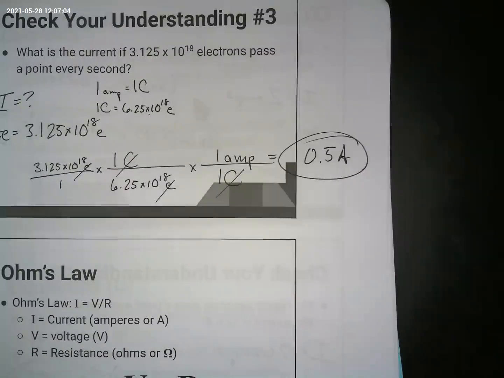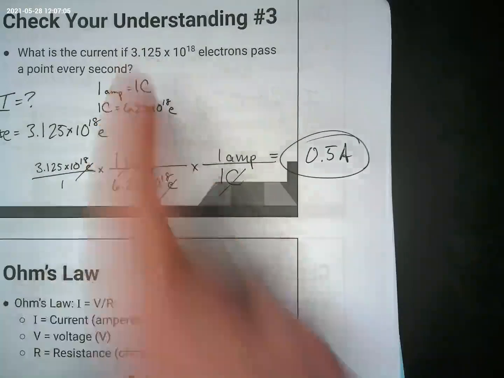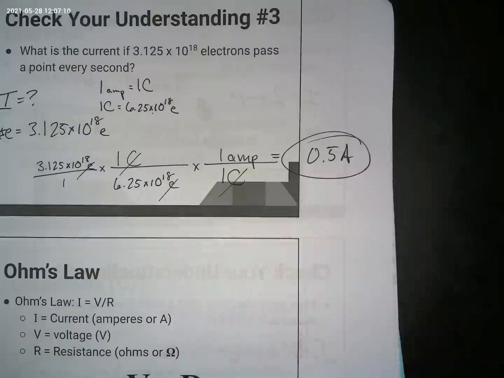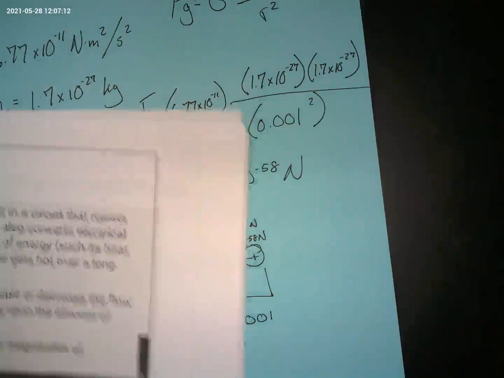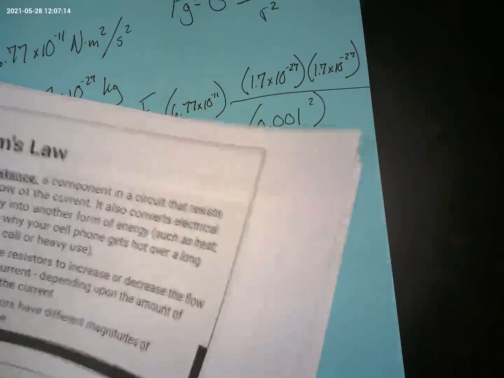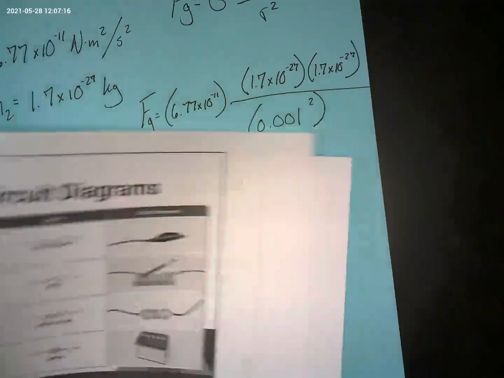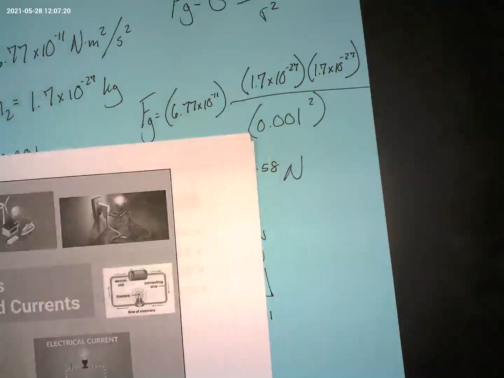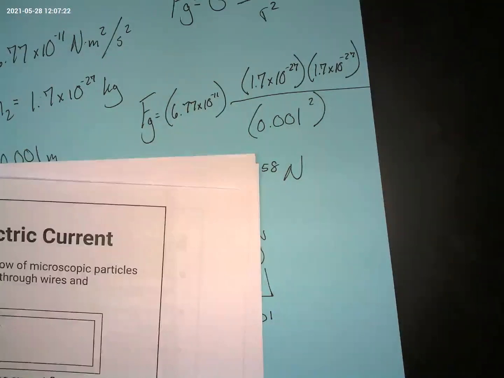So in this case, when we're pumping out this number of electrons, that current is running at 0.5 amps. Let's see here. I'm pretty sure that's pretty much all that there is to it in these examples.